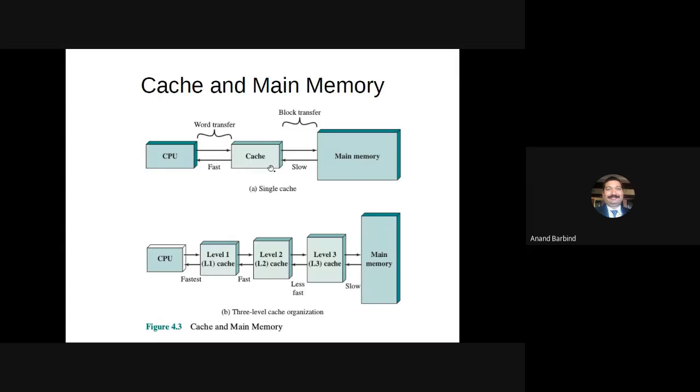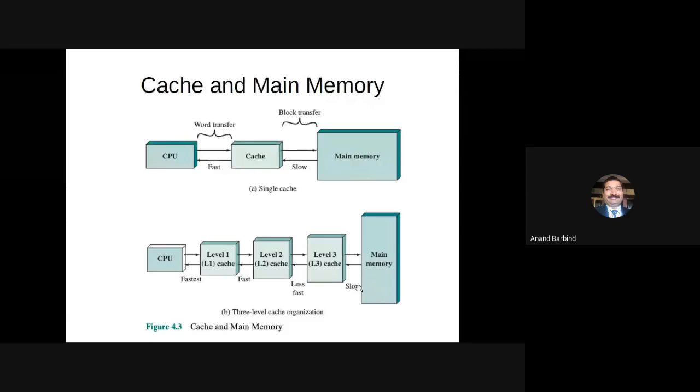Now the upper diagram shows that only one level of cache is used, but if you see the B diagram, in that case between the CPU and main memory, three levels of cache are used. Level one is the fastest cache, level 2 is the fast cache, level 3 is the least fast cache, whereas the main memory is the slowest one.